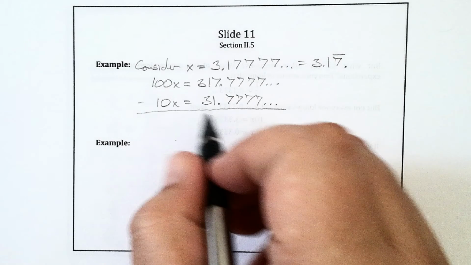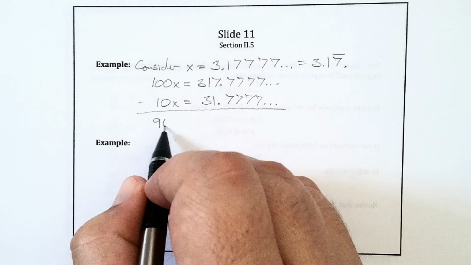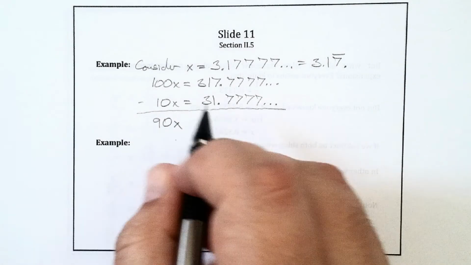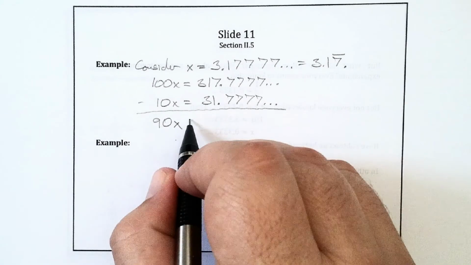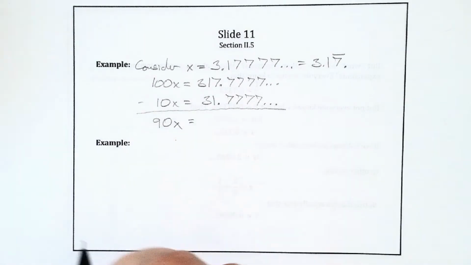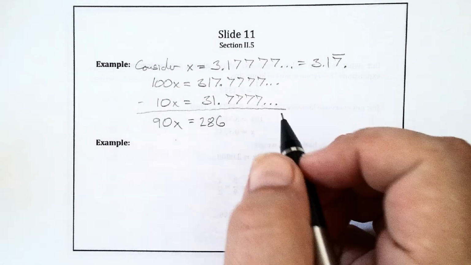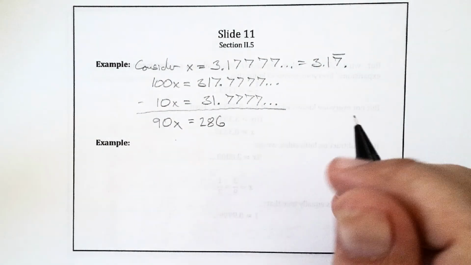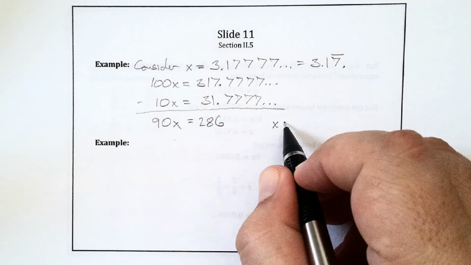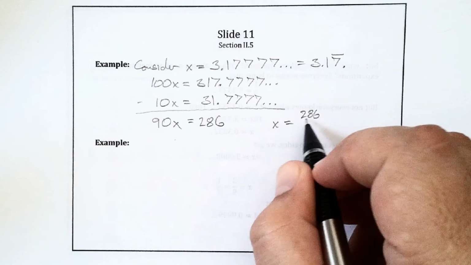So when I subtract, on this side I get 90 times x, because 100 minus 10 is 90. On this side it's 317 minus 31, which gives 286, and all that decimal stuff cancels out. So x is 286 over 90.